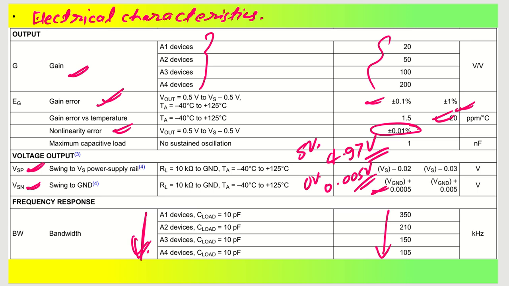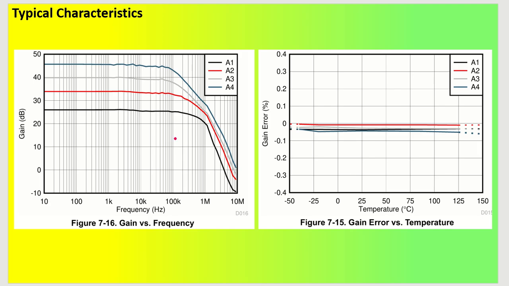let's talk about some of the typical characteristics. As you can see, if we talk about gain versus frequency, as my frequency is increasing, my gain will start reducing a little. Okay, but as you can see, till 100 kilohertz we do not have any variation in the A1 type. Then the A2 type is a little lesser, around 50 kilohertz or something like that.